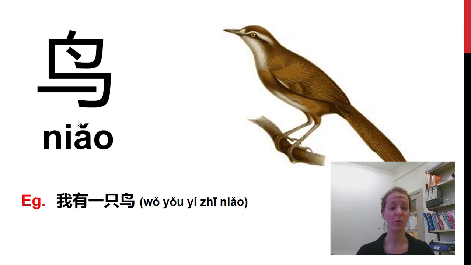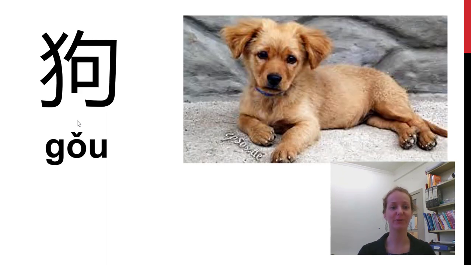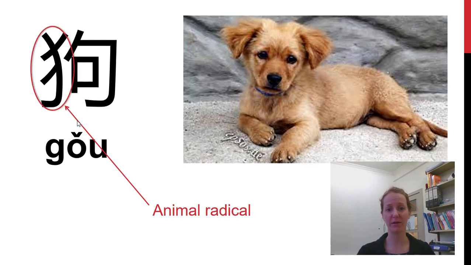For example, 我有一只鸟。这是什么？这是狗。狗。Here we have an animal radical. A lot of the characters for animals have this radical in it, and it can give us a clue that it's an animal.